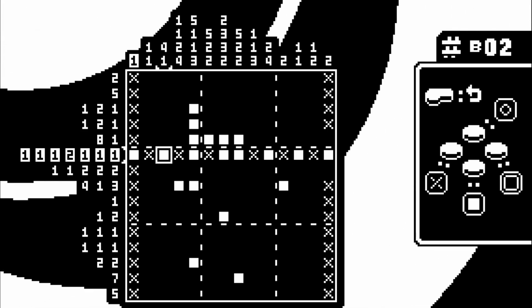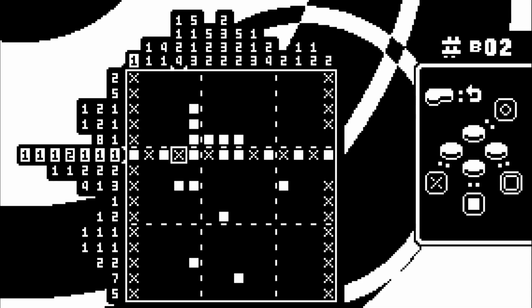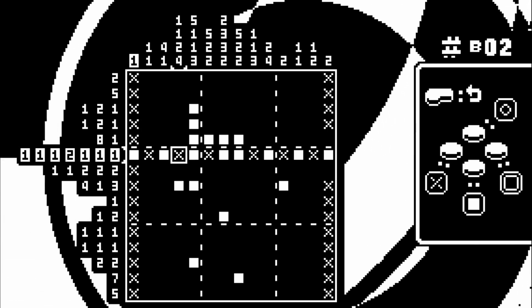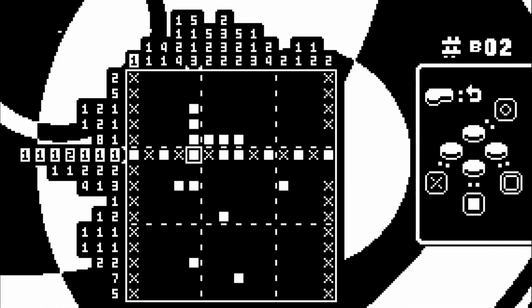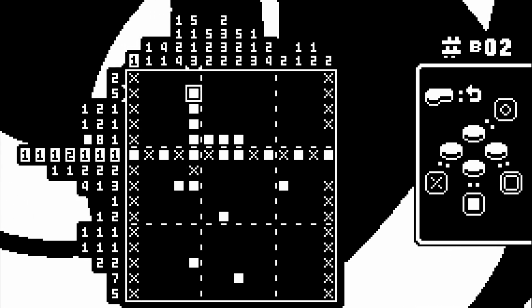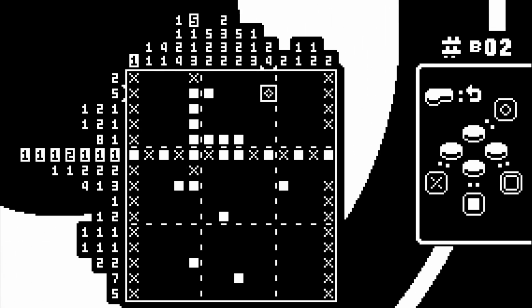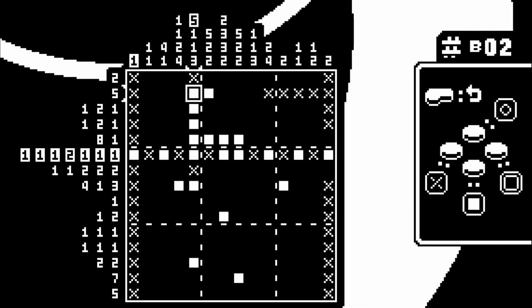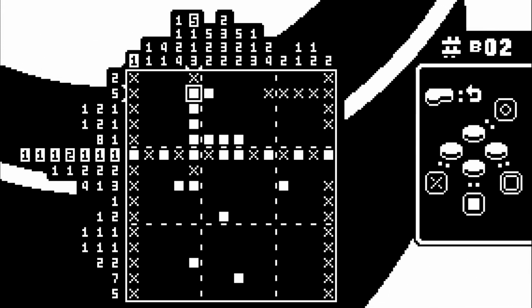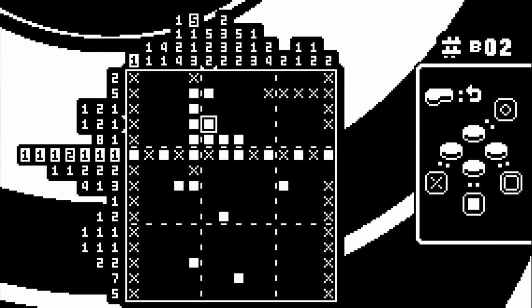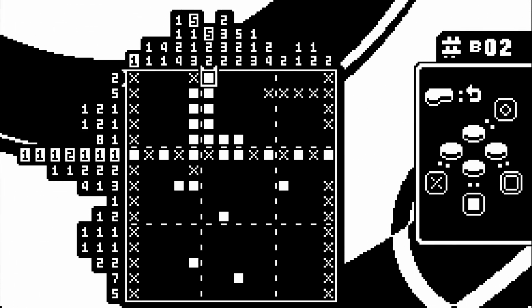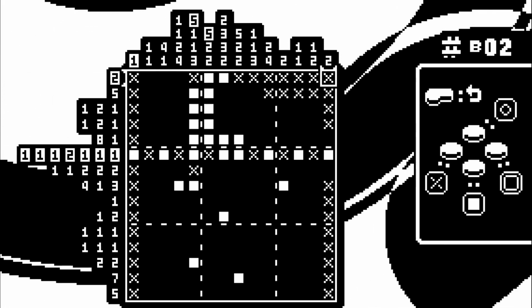Okay, so looking at columns again. No real knowledge here. Well, I know this. Okay, so therefore I know those things. Cool, so that's given me something here where I can deal with that row. Also, this 5 is established. Great. Okay, no, a lot of things are happening.